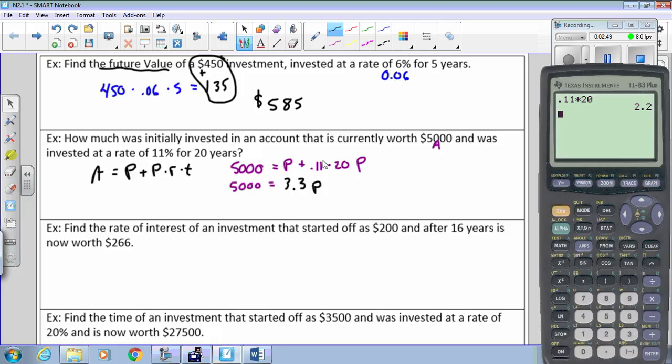Where does the 3.3 come from? This multiplication is 2.2, and then I have another P here. So how do I solve this? I will do 5,000 divided by 33/10, and that's going to give me my present value. So P would be equal to 5,000 divided by 3.3.